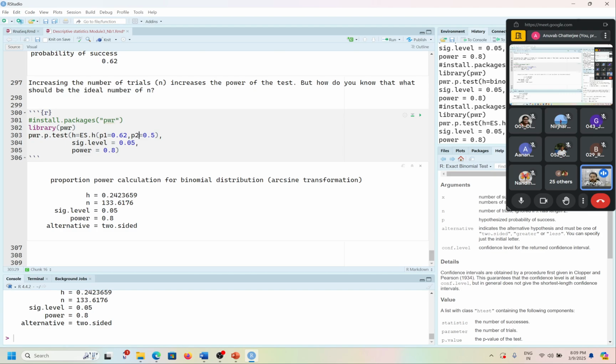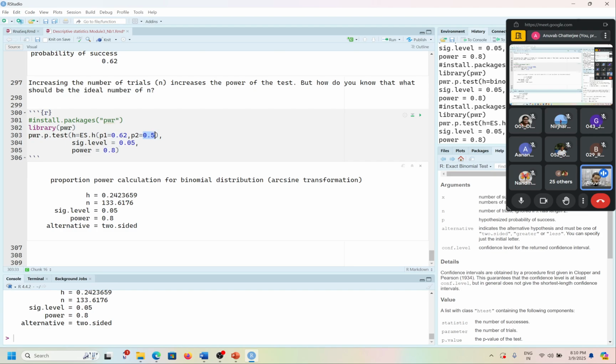Okay, so what I was trying to tell you is that you want to figure out how many times you have to toss a coin till you can figure out that yes, if we have a 62% probability, we can tell the difference.